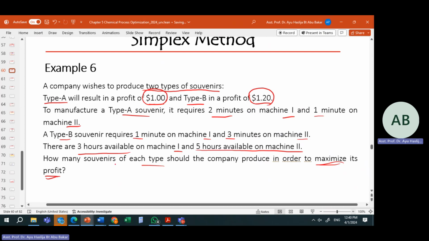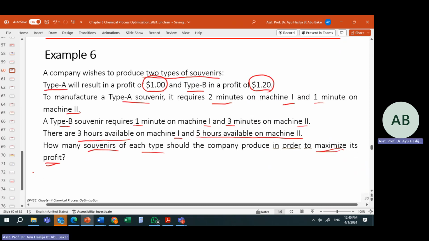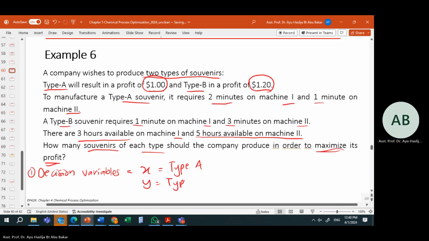The question asks how many souvenirs, so your decision variables are the souvenirs, type A and type B. There are 2 types, so you can put X for type A and Y for type B. Either you use X1 or X2, X, Y, or A, B, up to you. Since the solution uses XY, I use XY.